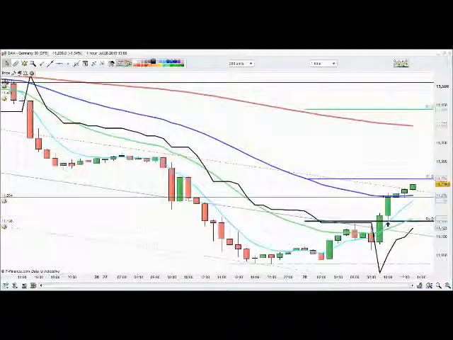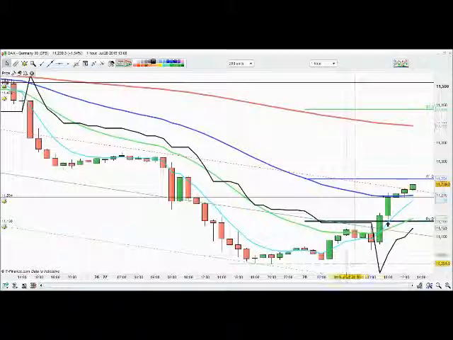Now where this dotted line is here is where the Dax could find some resistance. So we'll be looking to make a trade selling the Dax, but what you can see is a very strong uptrend today, having dropped considerably in the last few days.